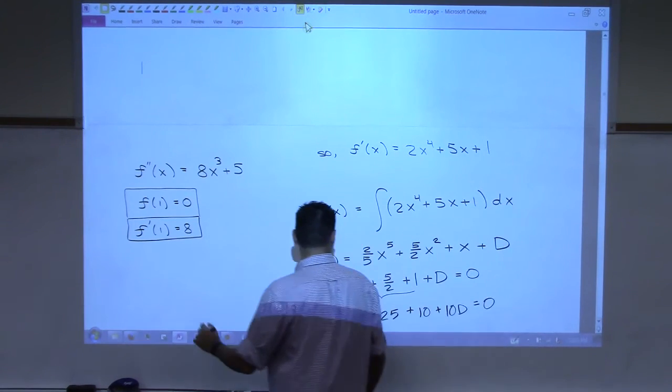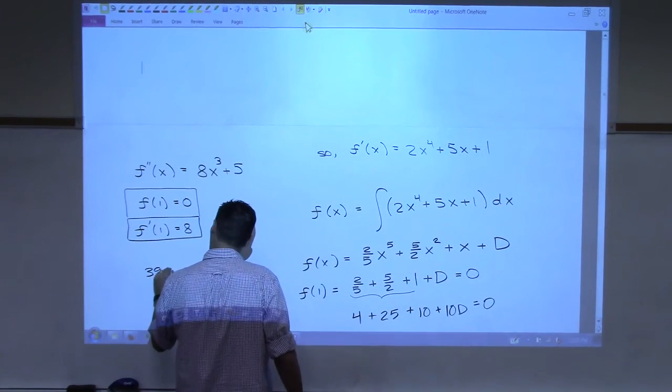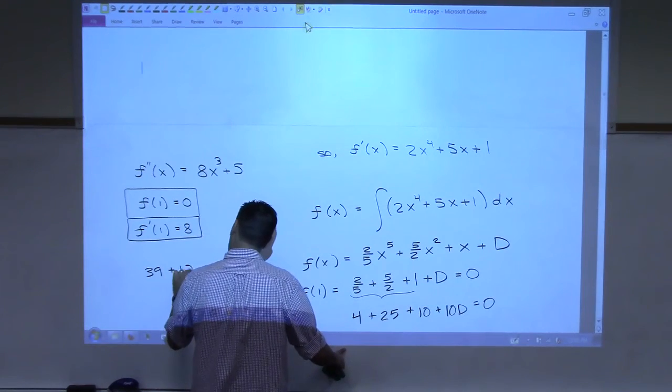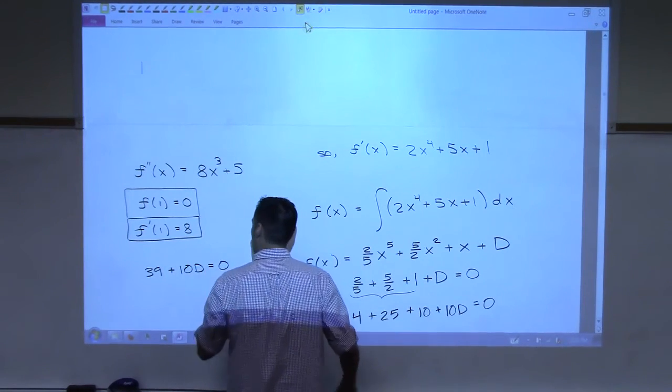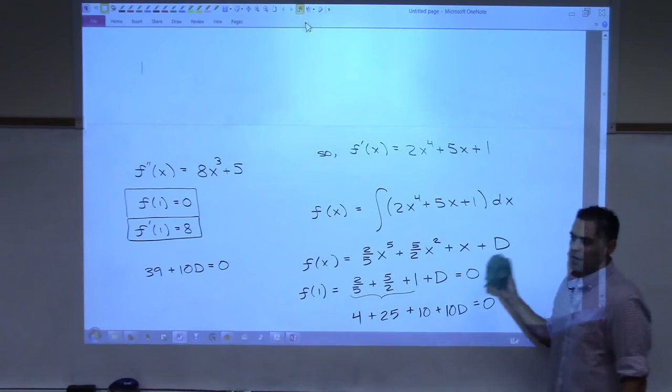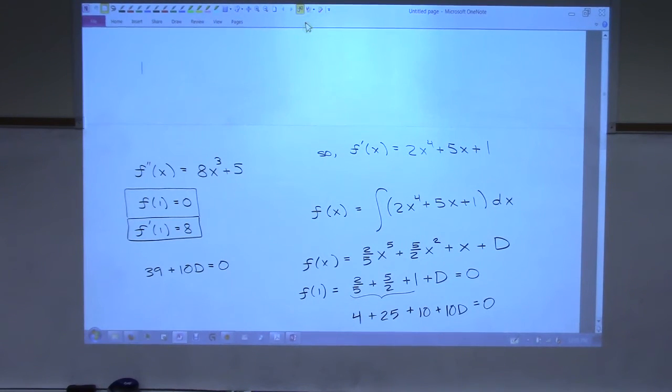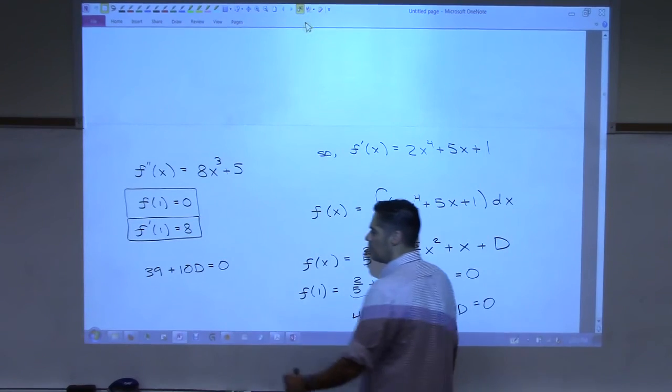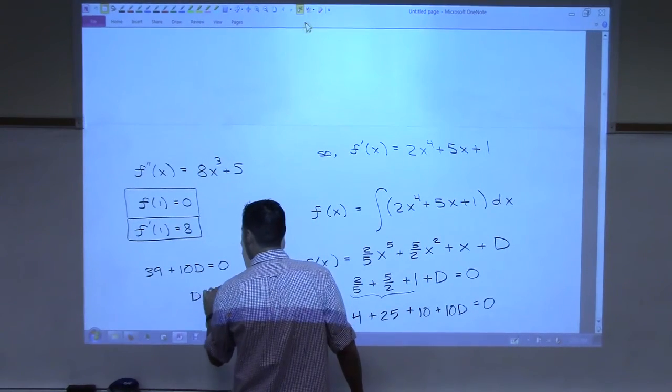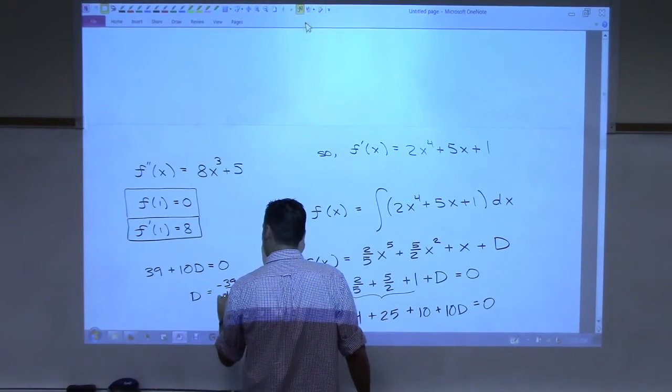39 plus 10d is equal to 0. So move 39 over, divide by 10. D is negative 39/10.